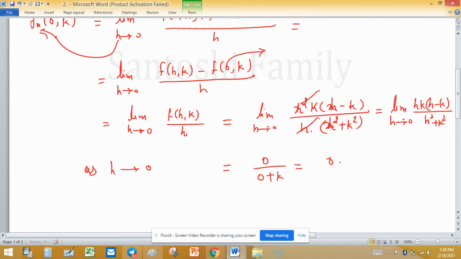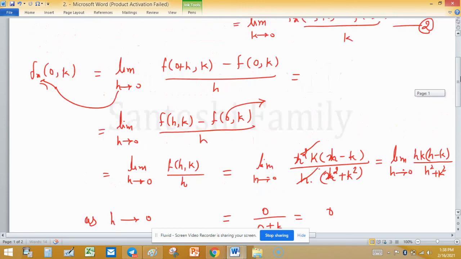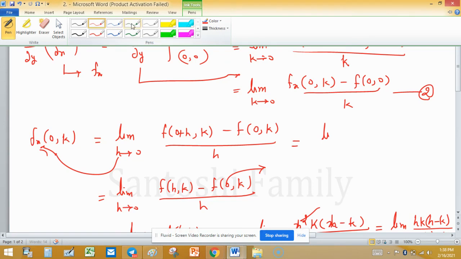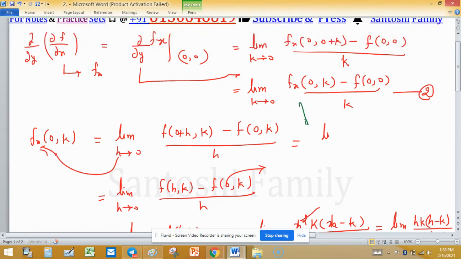Check once again, hk(h minus k), okay, it is fine. Now put this value in equation 2, so this value is 0. From this point, limit k tends to 0, this value is 0 minus f(0,0), which is 0, divided by k, and this value is 0.